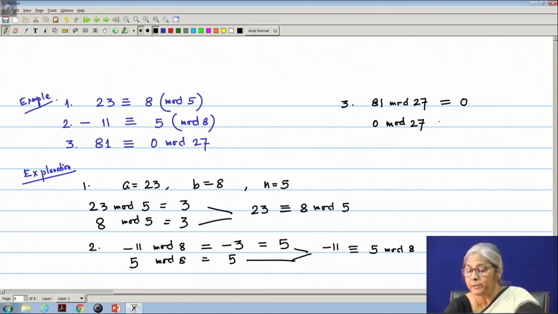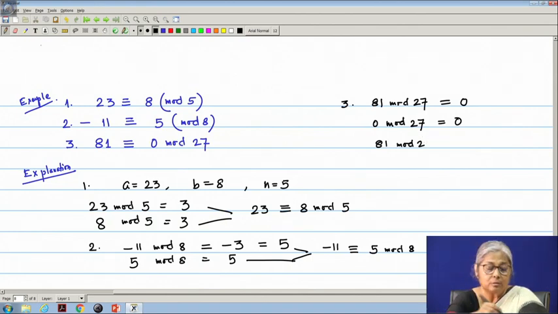So, this is a very trivial property. So, I can write 81 is congruent to 0 modulo 27.